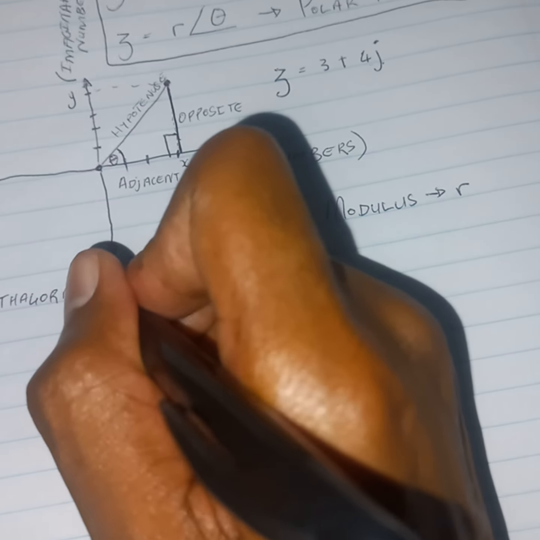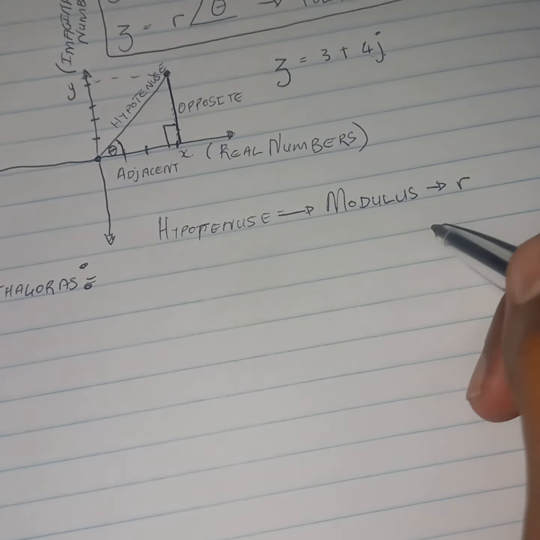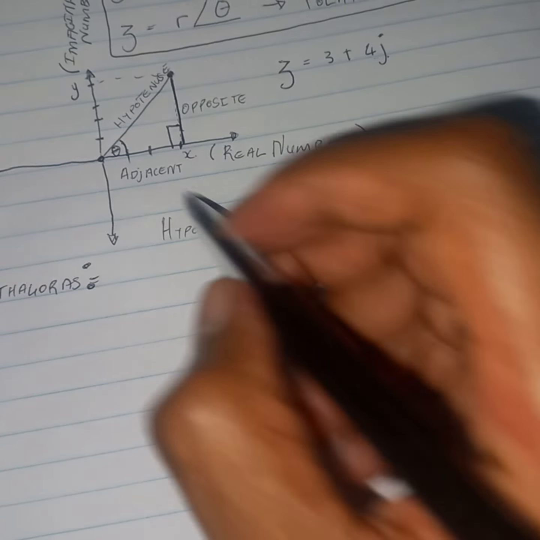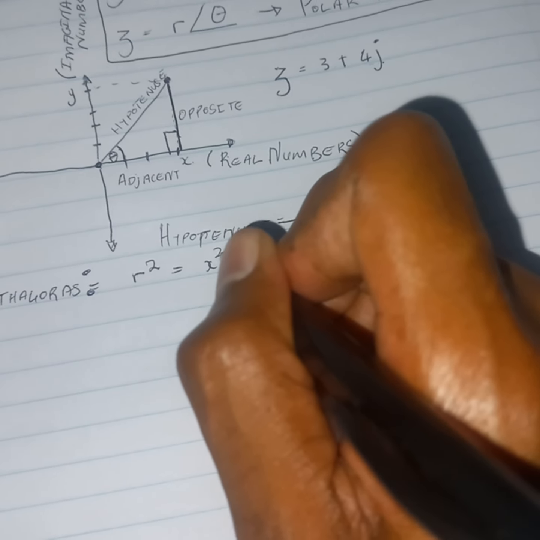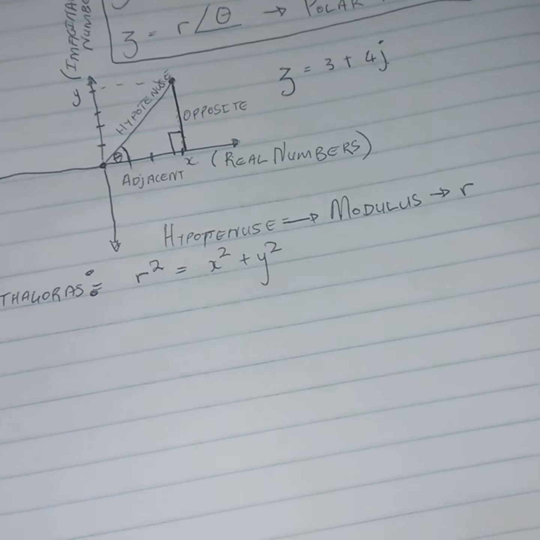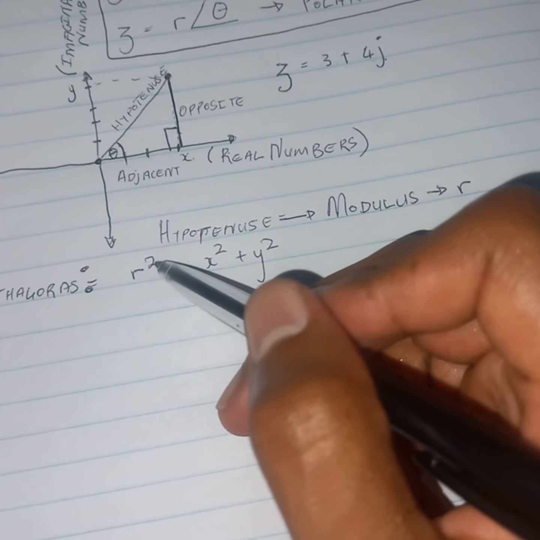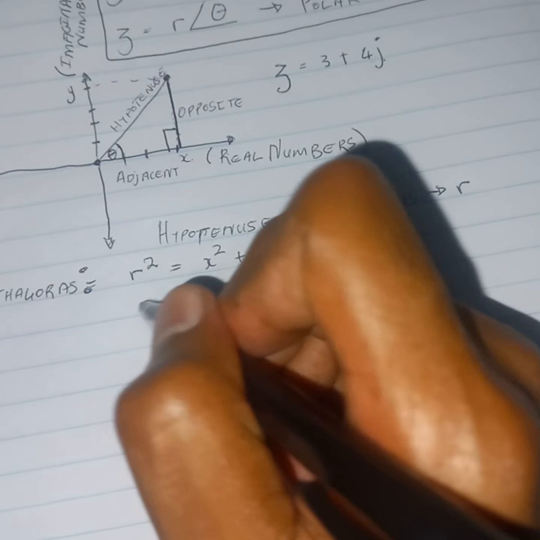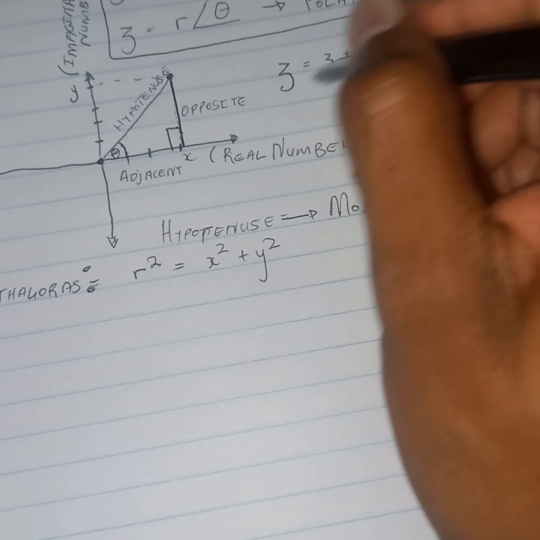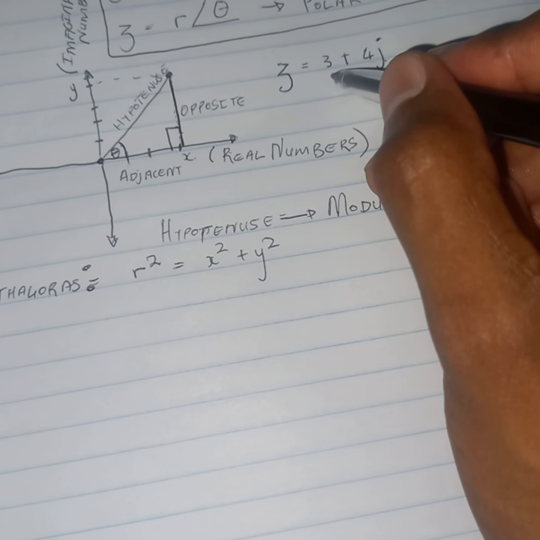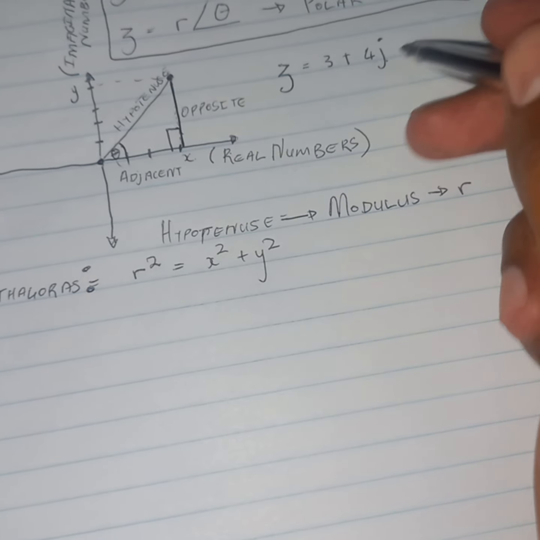If we apply Pythagoras here, then r, the hypotenuse or the modulus, squared is the same as x squared plus y squared. Since I'll be looking for r in this case, remember that from the rectangular form we already have x, the real number, which is 3, and we have y, which is 4.